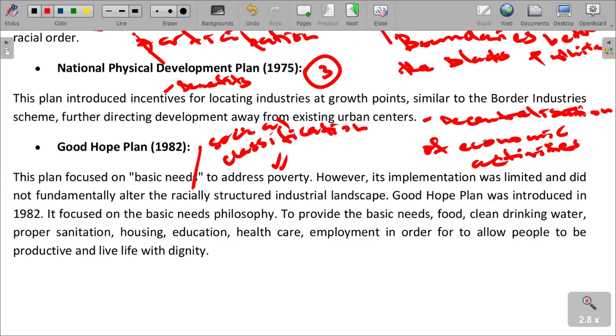It focused on the basic needs philosophy, as in providing the basic needs to the people.